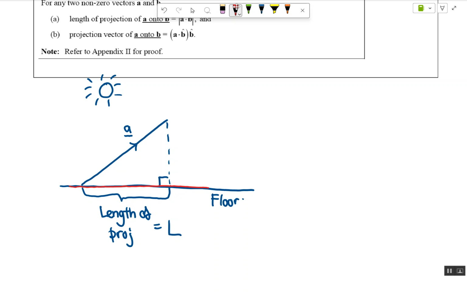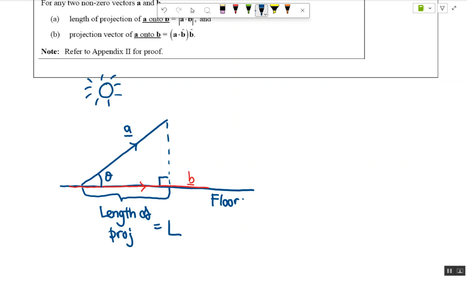I may know that the vector of this whole floor, I will label this as B. I do not know what is B. I know what is A, you know what is the length of the beam. I do not know what is B, but I'm interested to find out what is the shadow that is being cast, and that is called the length of projection. So between A and B, there is this angle down here, that is called theta.